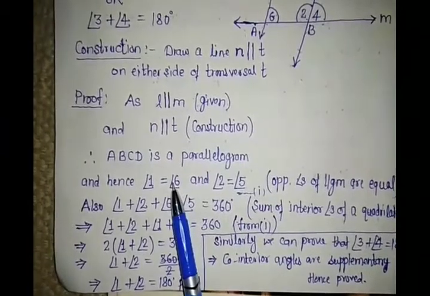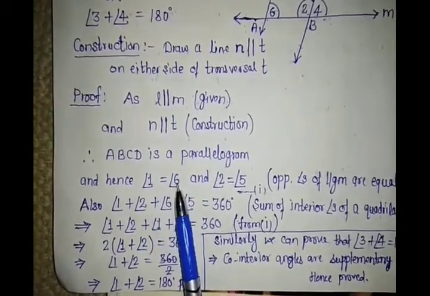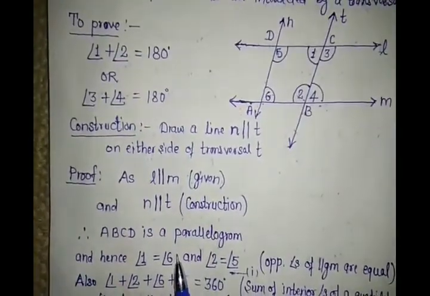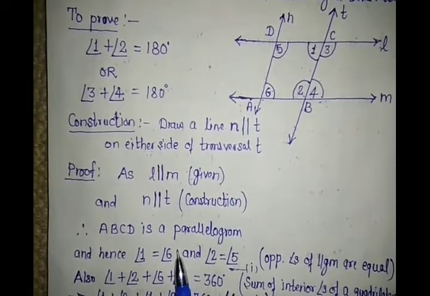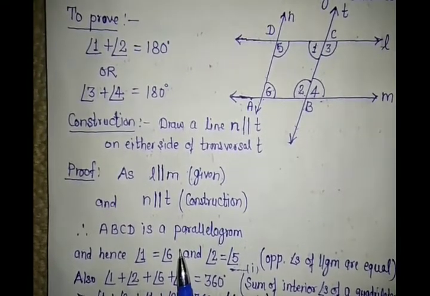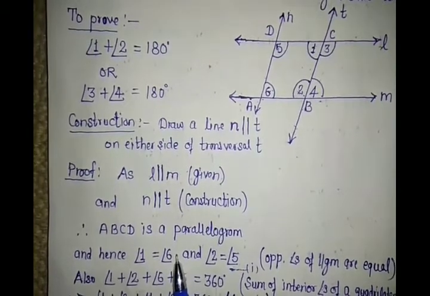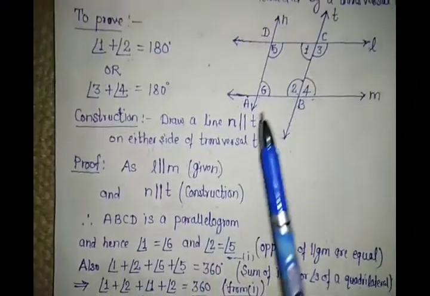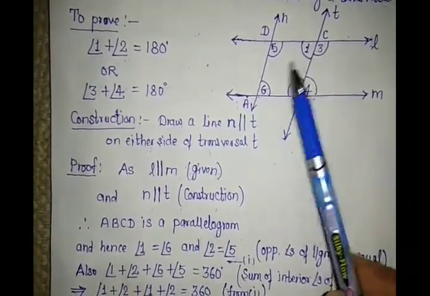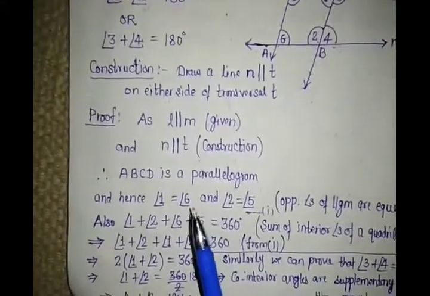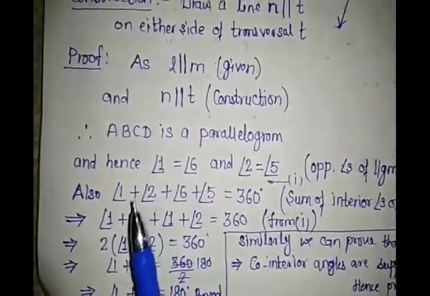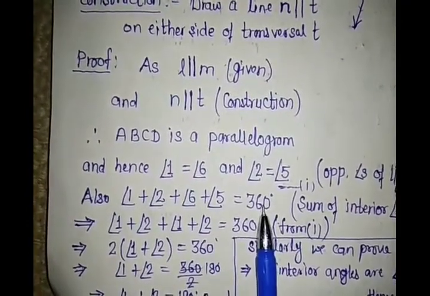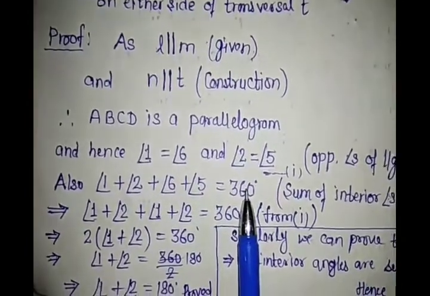Now we have studied above that angle 1 is equal to angle 6 because the opposite angles of a parallelogram are always equal. So angle 1 and angle 6 are opposite angles in a parallelogram. We have written here angle 1 plus angle 2 plus angle 6 plus angle 5 is equal to 360, the sum of interior angles of this parallelogram.